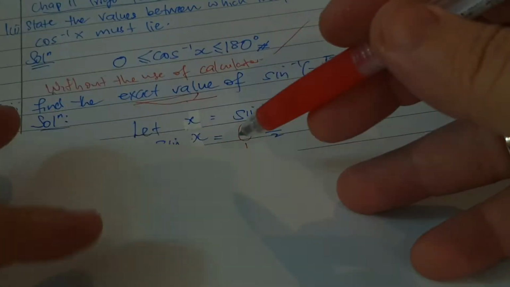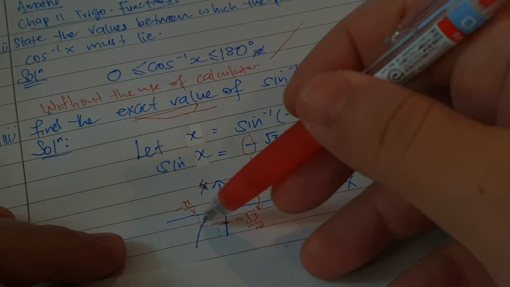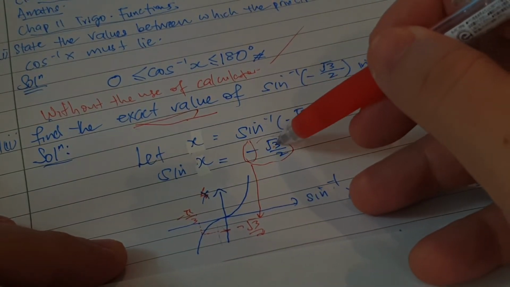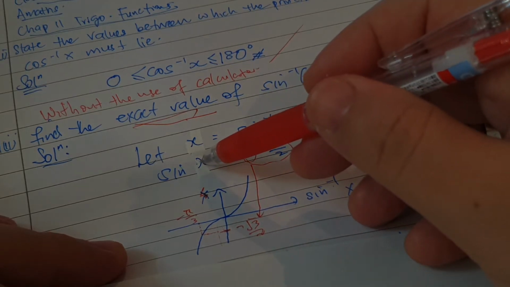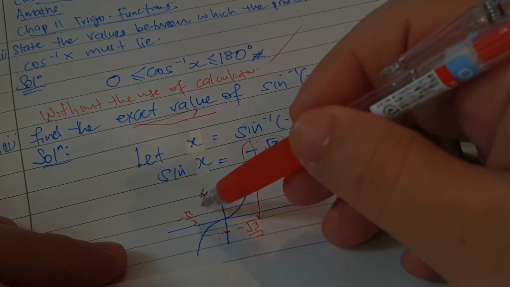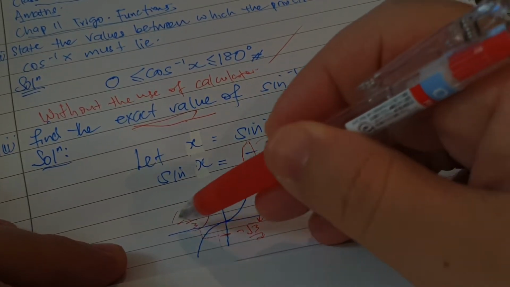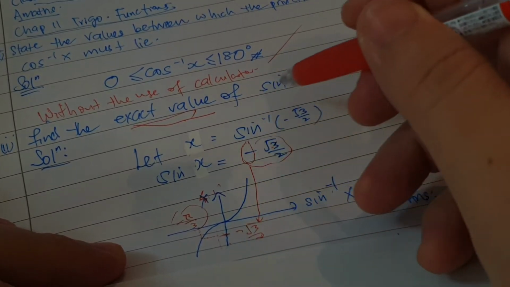But it has to be minus pi over 3 because you will cut the graph here when this is actually your x like that. So you follow, this one has to be a negative value because it's on the left hand side of your vertical axis.